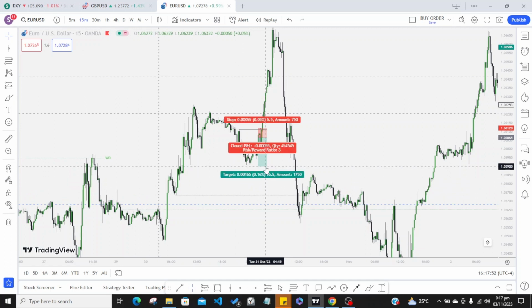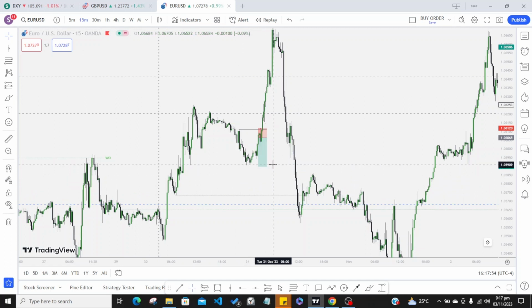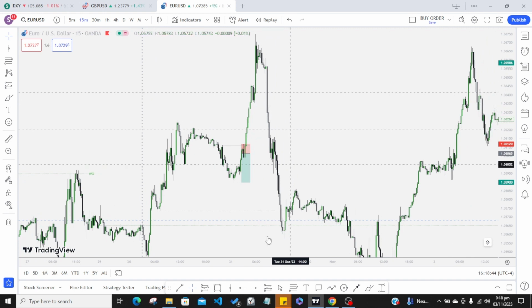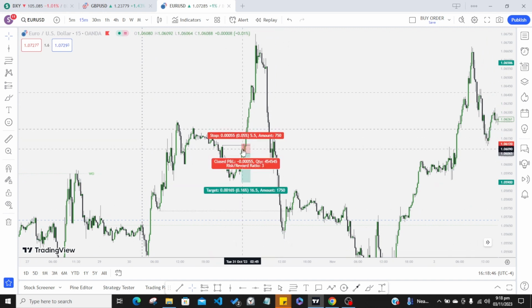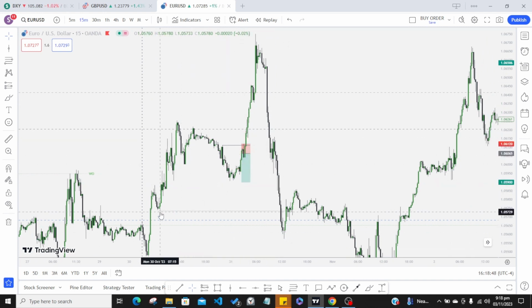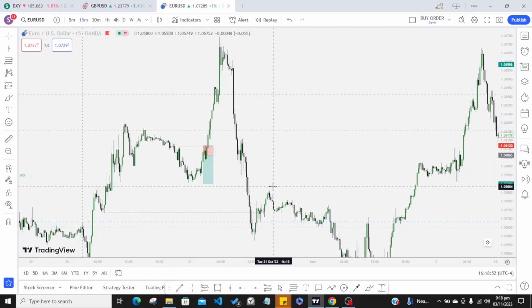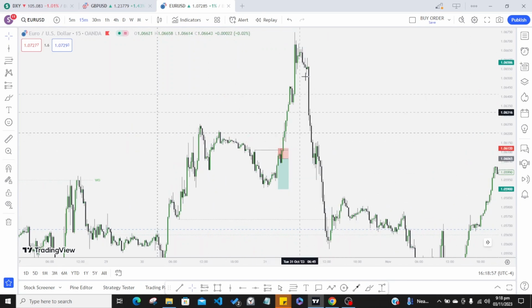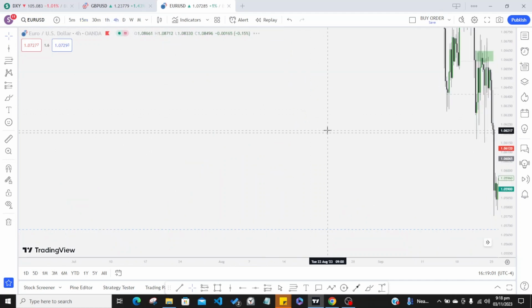But I wasn't right on price taking out this low on that day, so price went up into the higher premium area. I wasn't right on price taking out this low here and ultimately going down to this low, which was kind of unfortunate because price took out this high again, going into a much higher premium zone and selling off from there.